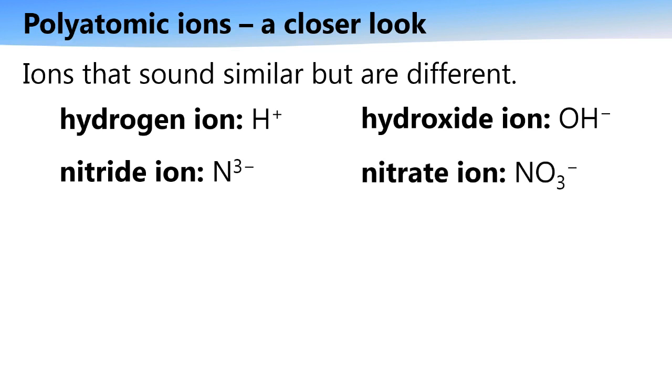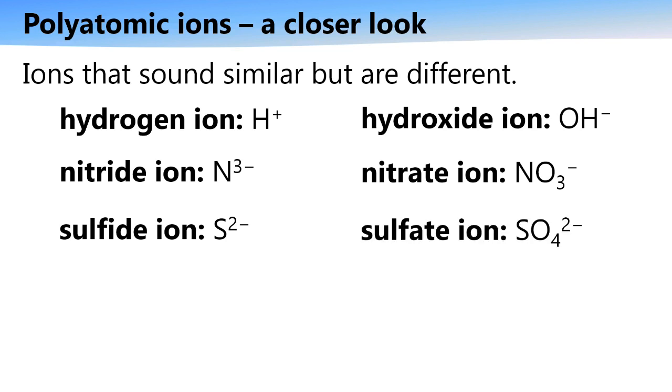Then we also have the nitrate ion, which is the polyatomic ion, NO3, charge -1. We have the sulfide ion that comes from the sulfur atom. We also have the sulfate ion, which comes from SO4, 2-. And I shall also talk about the carbonate ion, which is CO3, 2-.